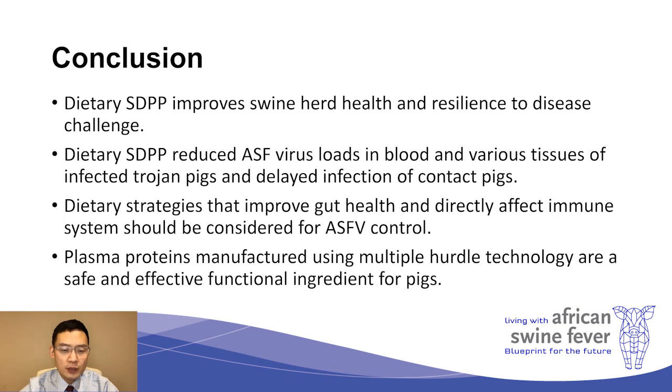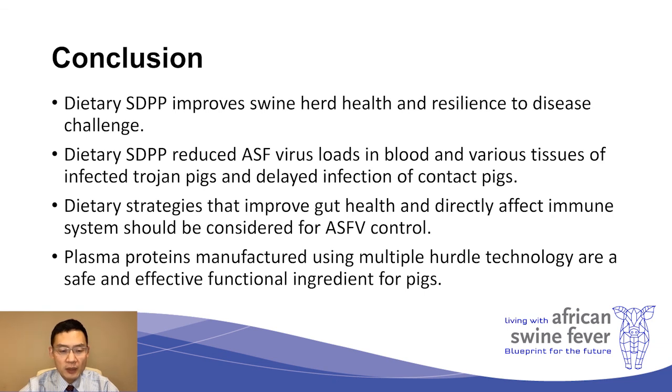So in conclusion, dietary plasma inclusion improves swine health, herd health, and also improves the resilience to disease challenge. And dietary inclusion of plasma reduces African swine fever virus load in blood and the virus in tissues of infected pigs, and also helps to delay the infection of those contact pigs.